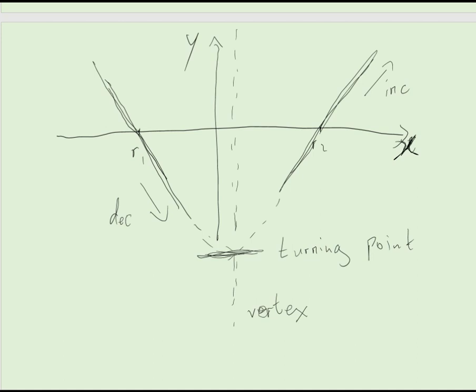It's an axis of symmetry, and this line is just x is equal to that particular value. So x will be equal to the value of x at the turning point.